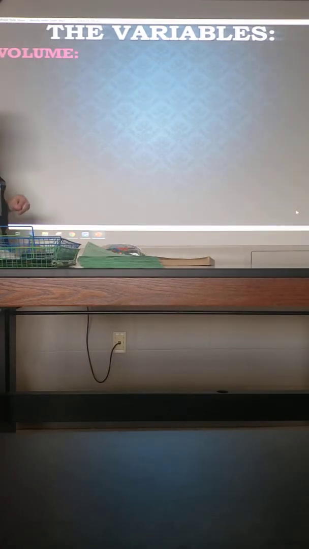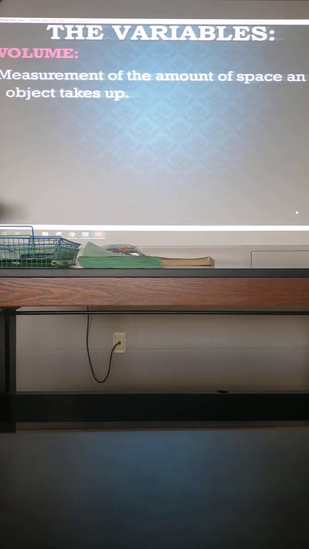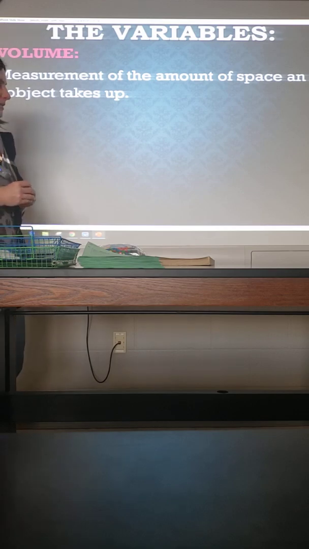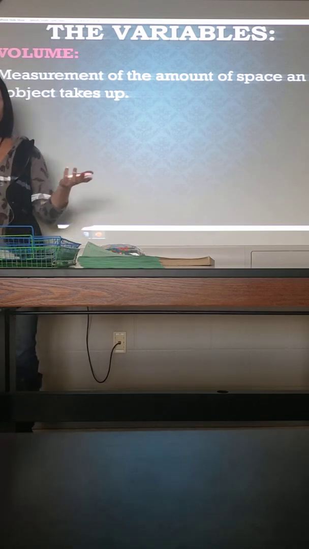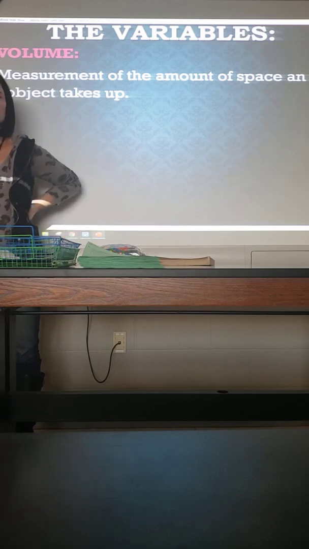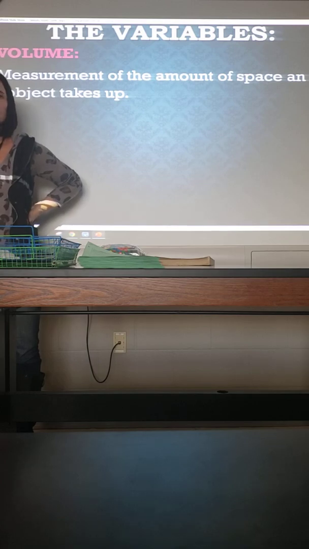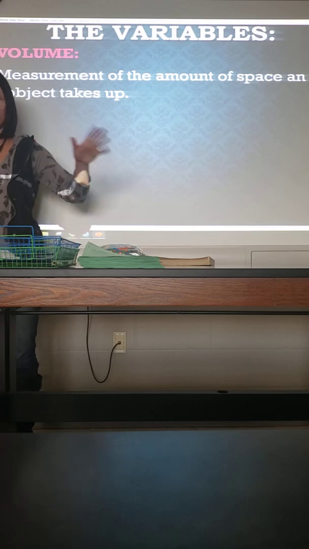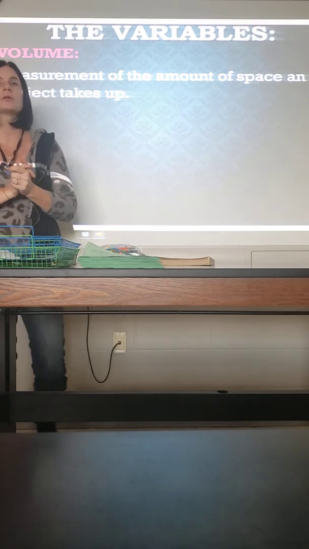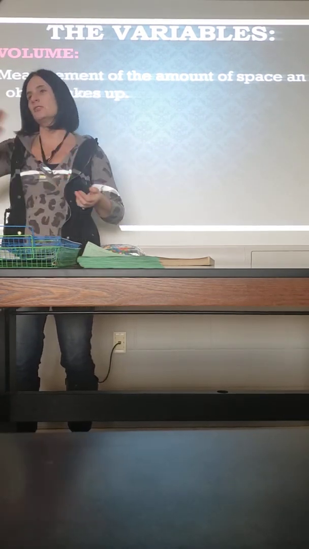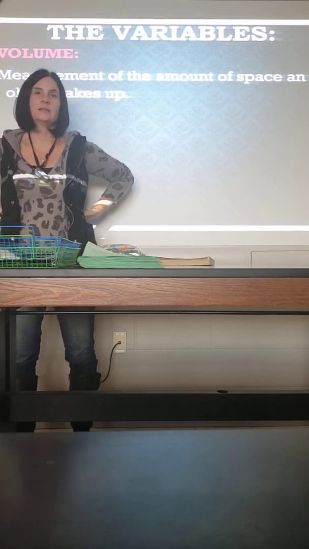So volume, and volume is a little bit trickier. The concept of it is very easy. It's the amount of space that something takes up. You might also hear this called the capacity. If you see outside the gym, it says maximum capacity, with a number of how many people should legally fit in that gym and still be within the fire code, where if there was an emergency, all those people could exit in a safe manner.